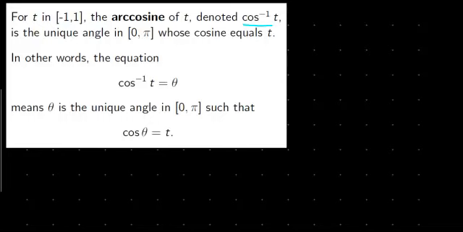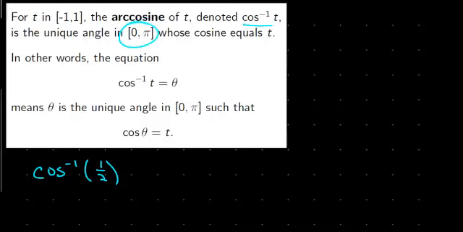Let's do a problem here. So let's say we want to look at the inverse cosine of 1/2. Okay? So here that tells me that it's the unique angle from 0 to pi whose cosine equals 1/2.